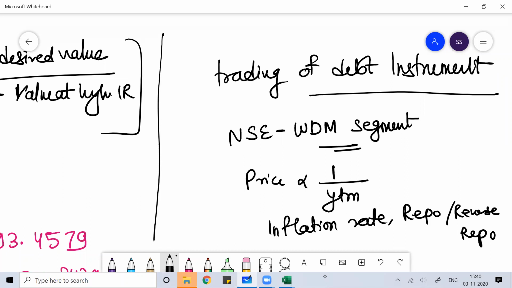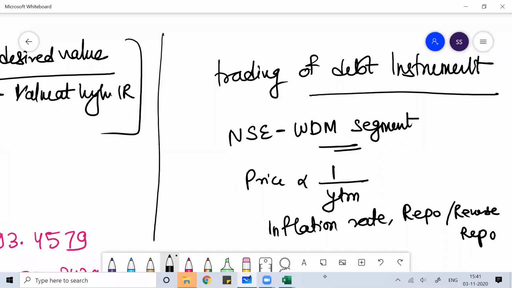In case the Reserve Bank of India and other banking institutions reduce the interest rate in the market, then automatically the demand for an already trading debt instrument which gives a coupon higher than the current interest rate will increase, and its price will increase because of that.